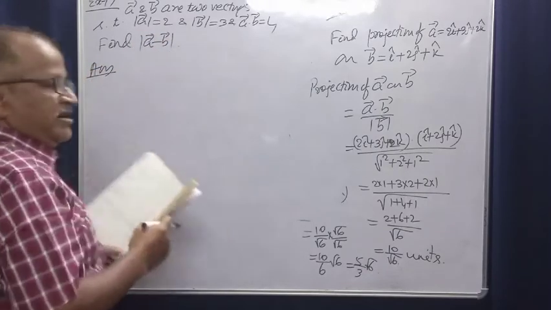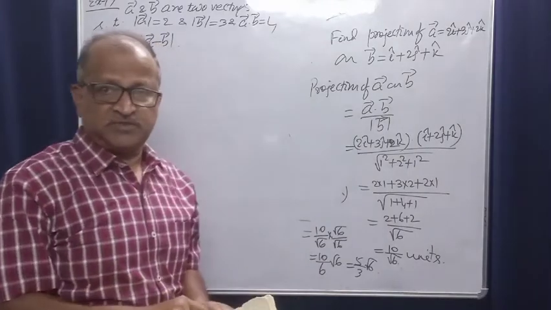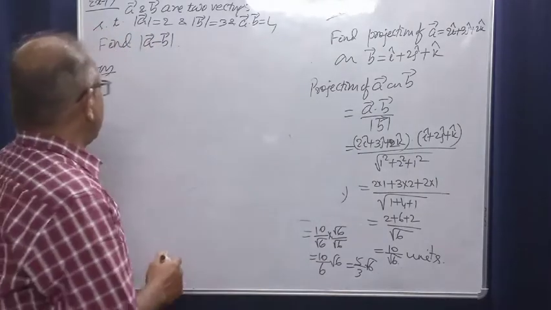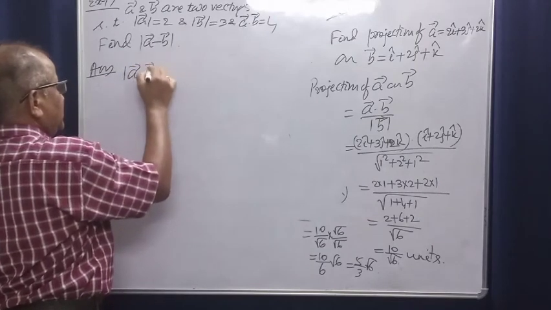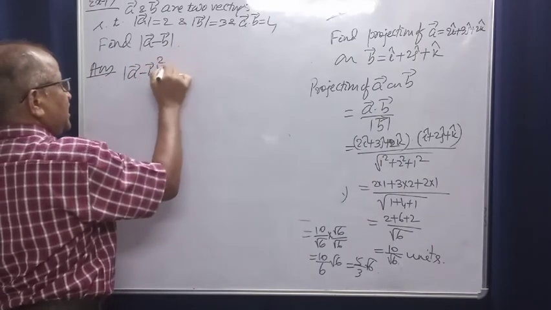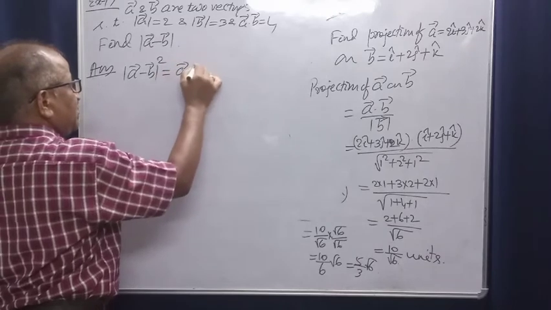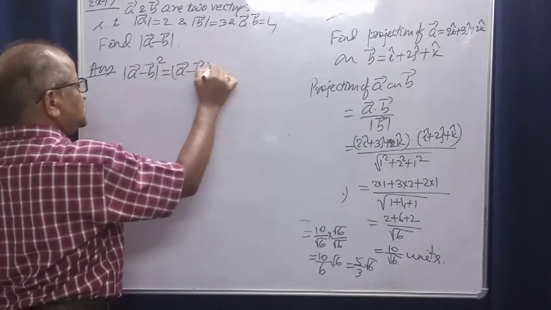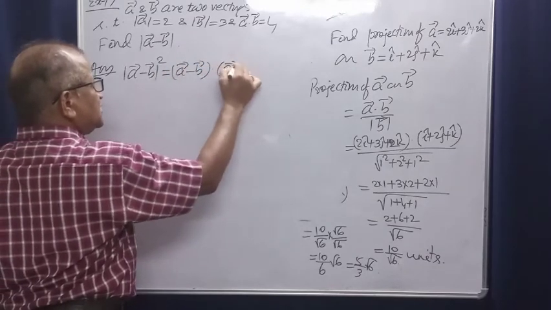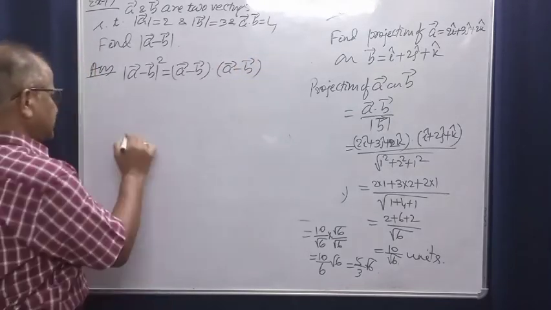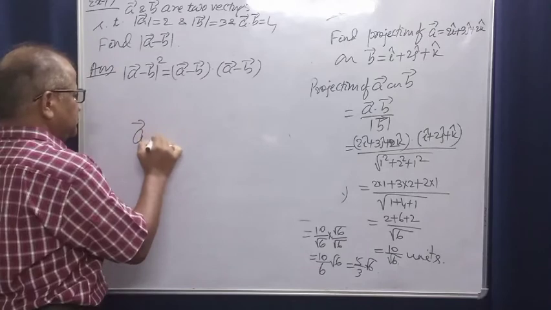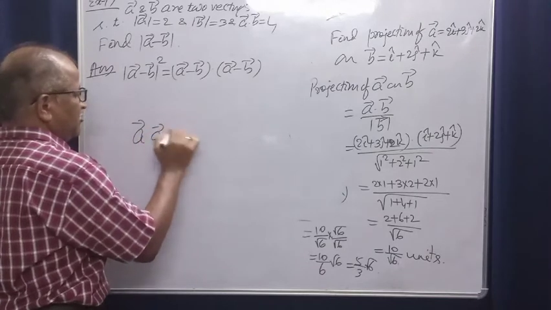How will you get magnitude of A minus B? Now see, magnitude of A minus B square is nothing but A minus B dot A minus B. Why? Because A dot A will be what?